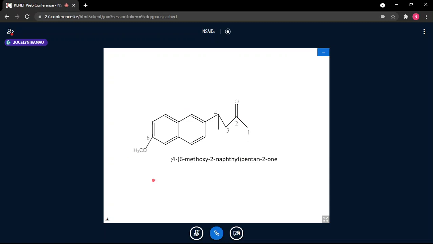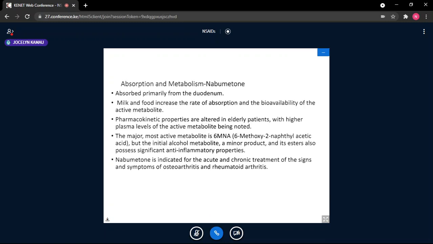Now we are saying that when this was given as a drug, the 4-(6-methoxy-2-naphthyl)pentanone, it had no anti-inflammatory activity. It was thought that it could be a precursor for naproxen, but when it was given, it was found it does not have any activity.